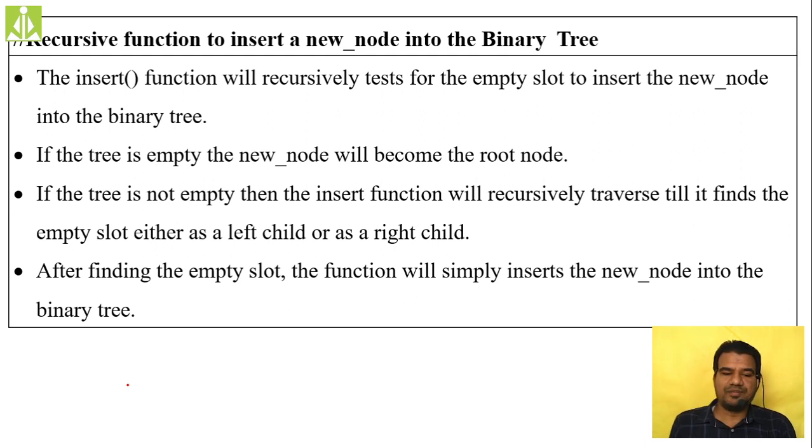Okay, so every time it will look for an empty slot inside your tree, and if the slot is empty at that location only, it will do the insertion. I mean, maybe there are definitions of the tree using which you can have the flexibility of insertion, whether you want to insert as a left child or as a right child, like that also you might have seen.